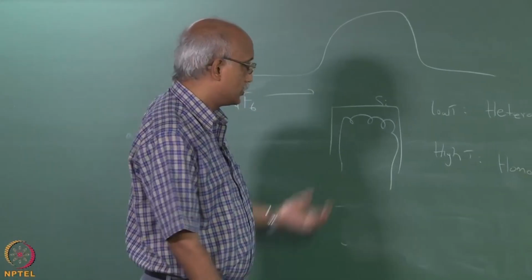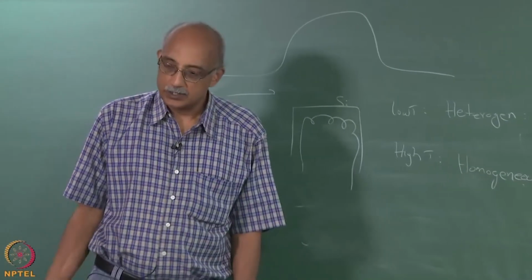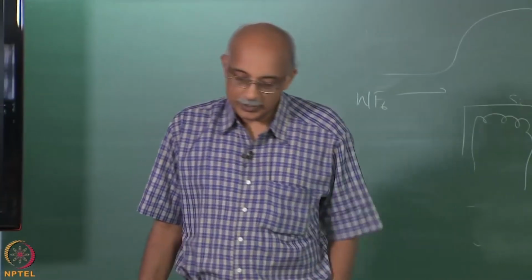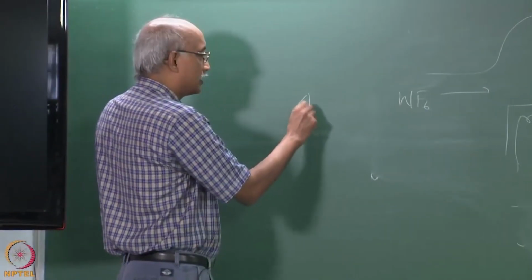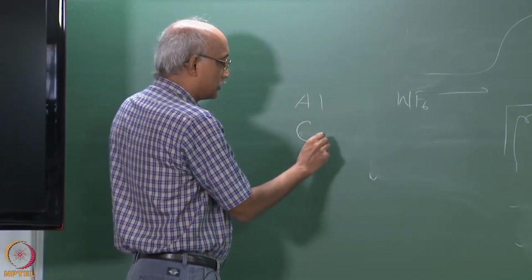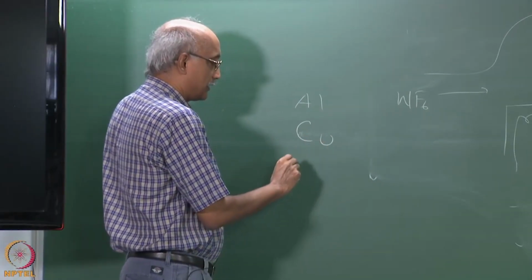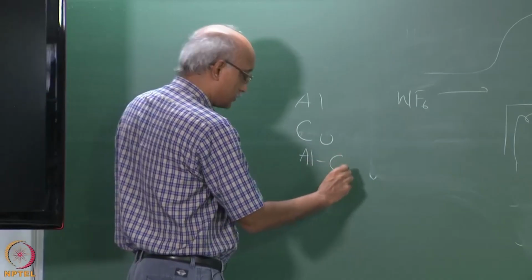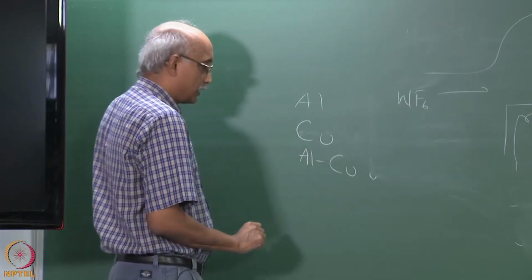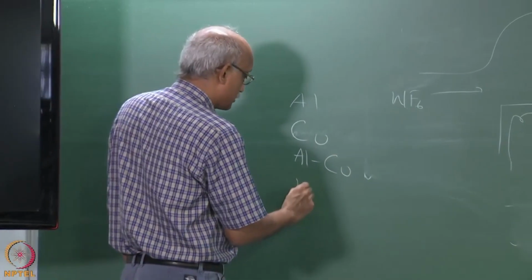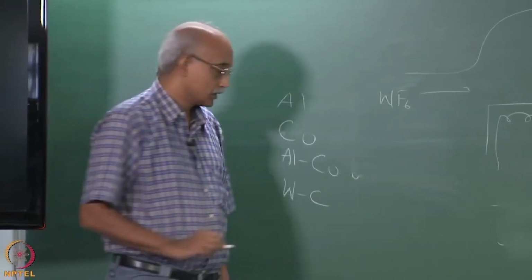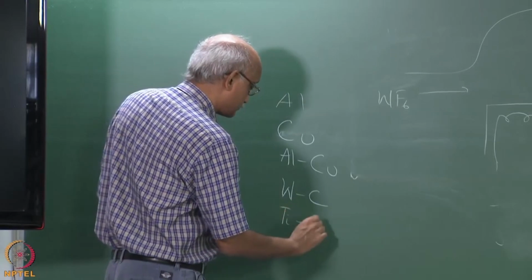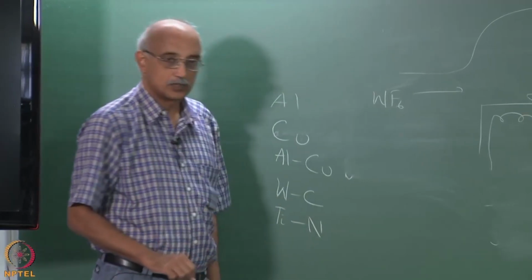Now, in addition to tungsten, other metals that are commonly deposited using CVD include aluminum, copper, aluminum copper composites, tungsten carbide composites, titanium nitride composites.